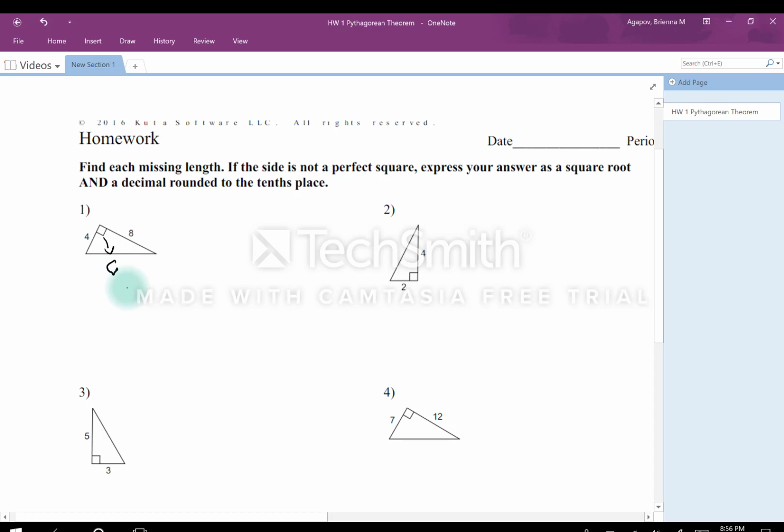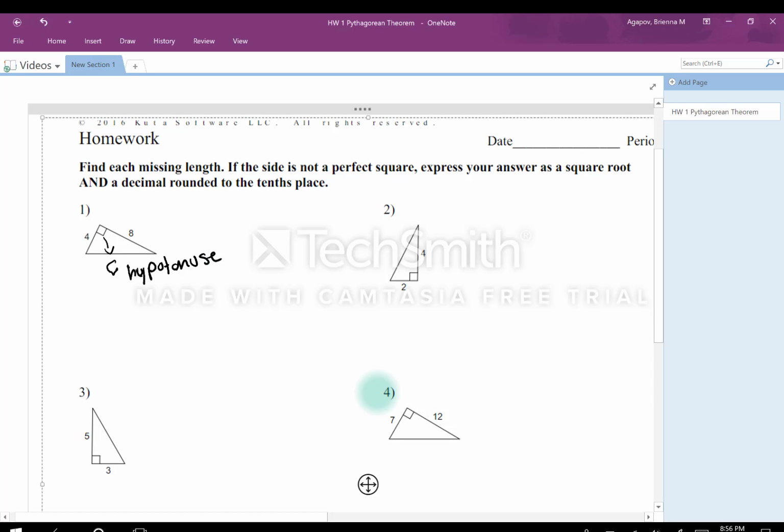This is side C, and we call this the hypotenuse. Hypotenuse, you know, because that's a funky word and I like to spell. If that's side C, then the rest of them are either A or B. It doesn't matter. So I'm just going to say this is B and this is A.